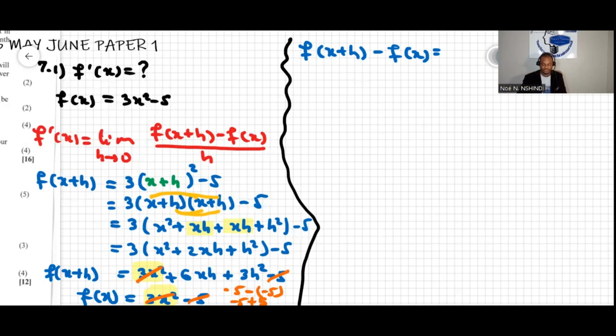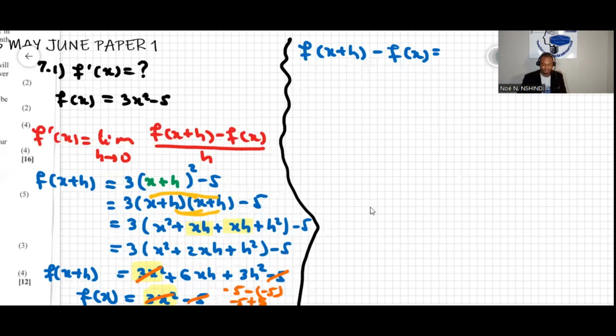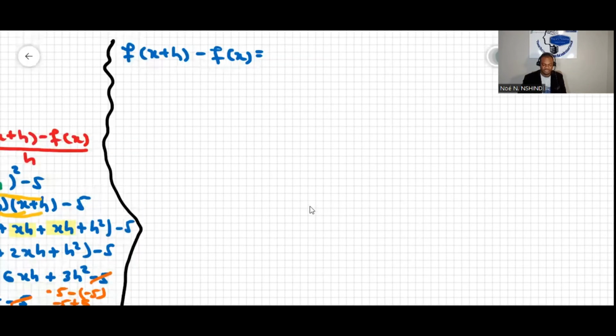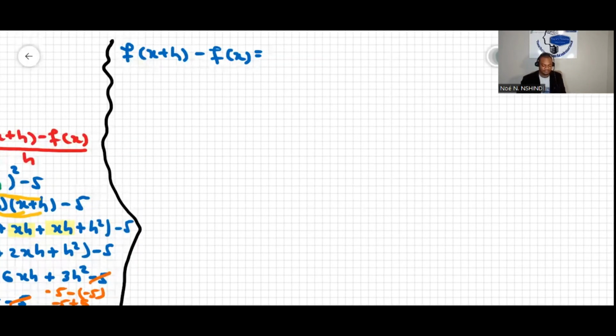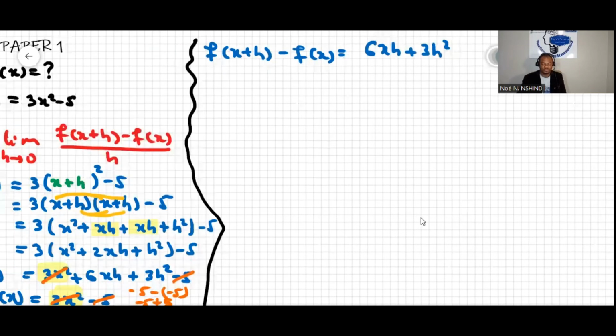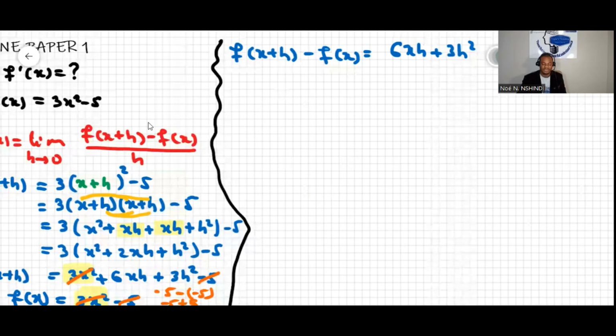Now we are only left with 6xh plus 3h squared. According to the first principle formula, this is divided by h. So we divide both sides by h.